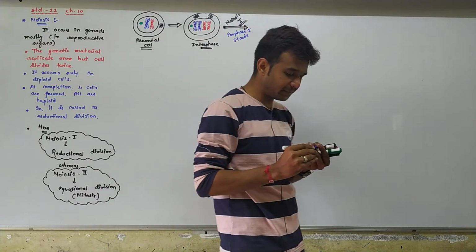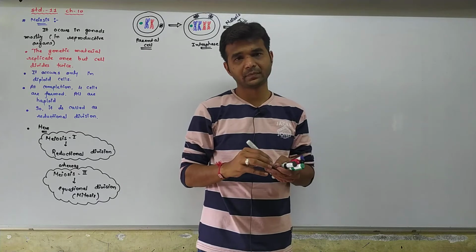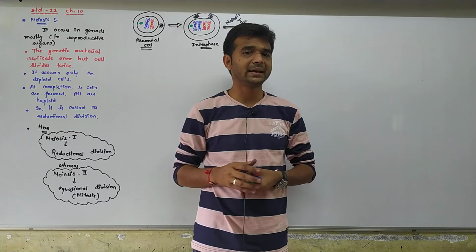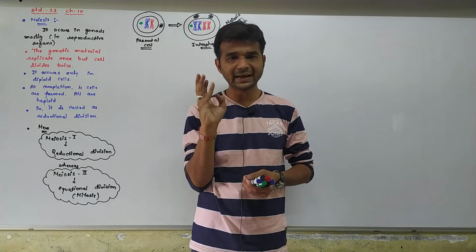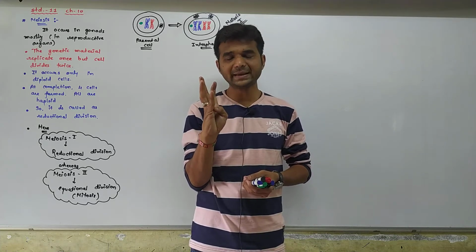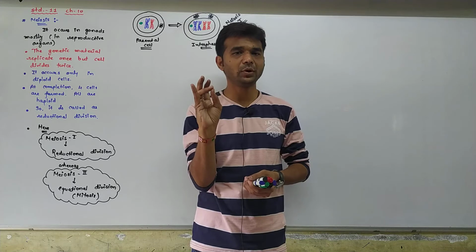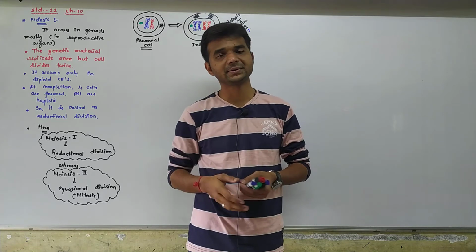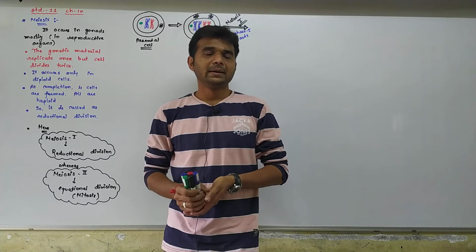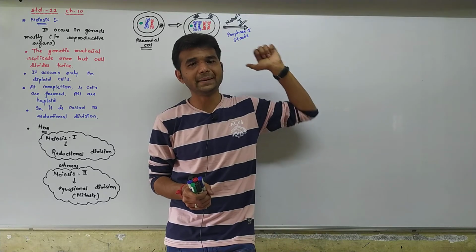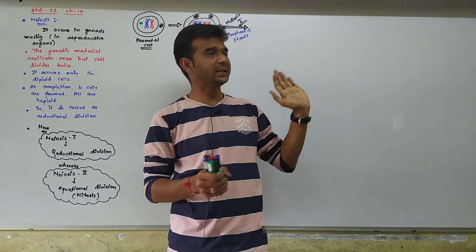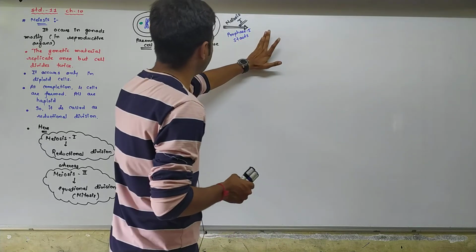In prophase 1, 5 stages are there: leptotene, zygotene, pachytene, diplotene and diakinesis. Here, from prophase, the first is the leptotene phase.